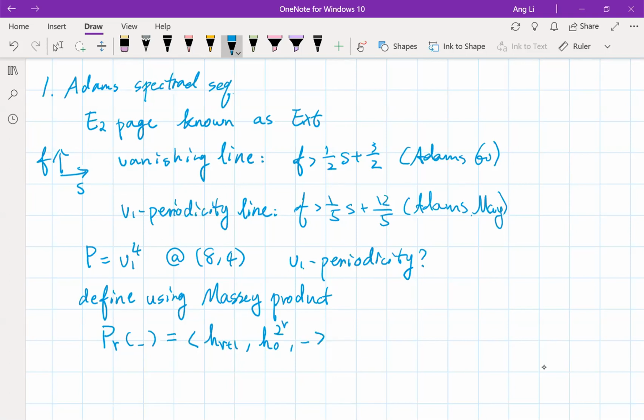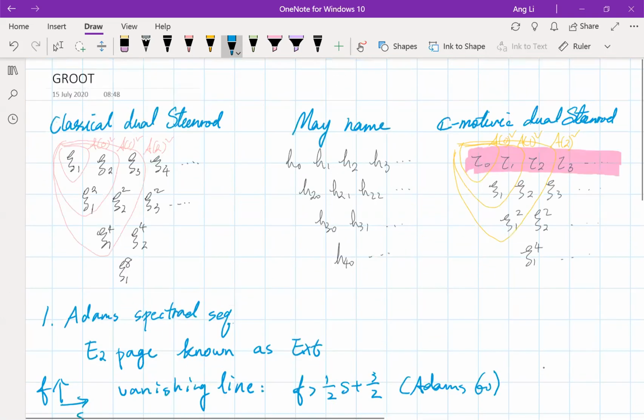Okay, what are those h_r and h_0? Well, here is something I have pre-drawn before this talk. So if we consider the classical dual Steenrod algebra, we know we can think about the generators, those ξ_i's, and I'm drawing those circles to indicate they generate the sub-dual Steenrod algebras, A(1) dual, A(0) dual, so this little check indicates dual.